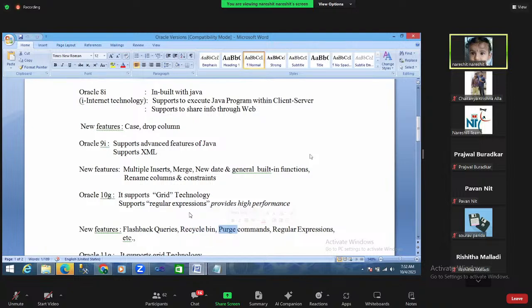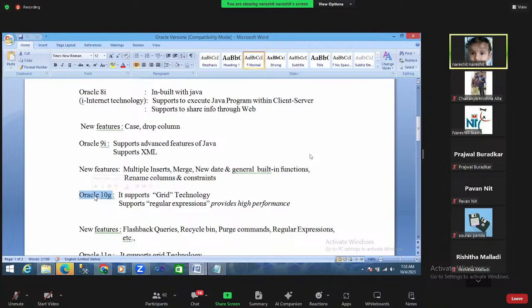Right now here we have Oracle 8i, 10G, and 12C. The next version coming is 11G. After that 12C comes. But what is the difference between I, G, and C? I is Internet technology, G is grid technology, C means cloud.